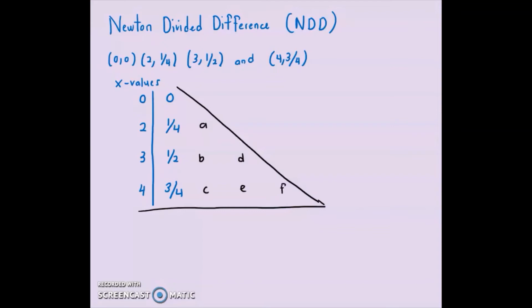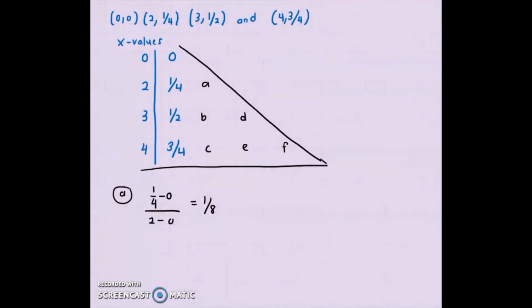Okay, to find A, so 1 over 4 minus 0 divided by 2 minus 0. That will give you 1 over 8. And then to find B, we have 1 over 2 minus 1 over 4 divided by 3 minus 2.